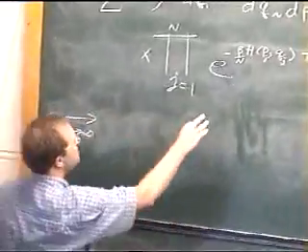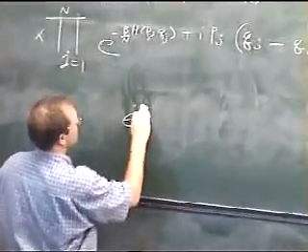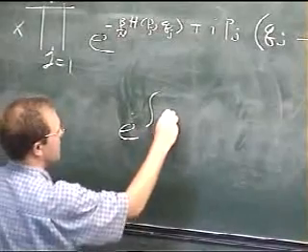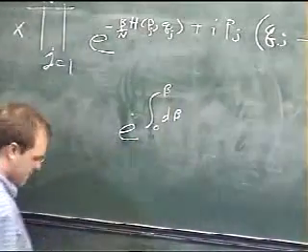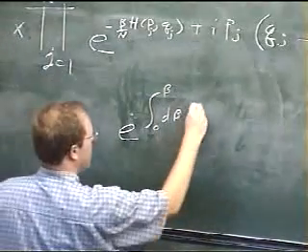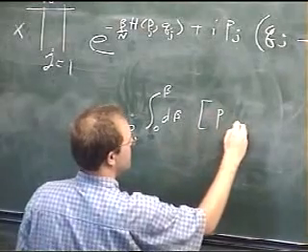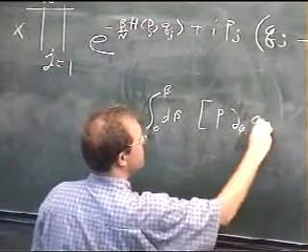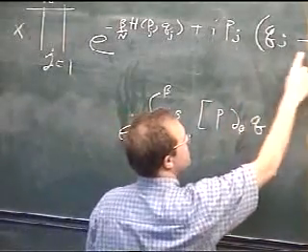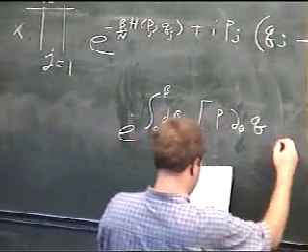In other words, this whole product here is becoming the exponential of an integral over beta from 0 to beta of what is effectively p times the derivative with respect to beta of q. This is the derivative, let's see. Well, let me write this down and then it will be clear.